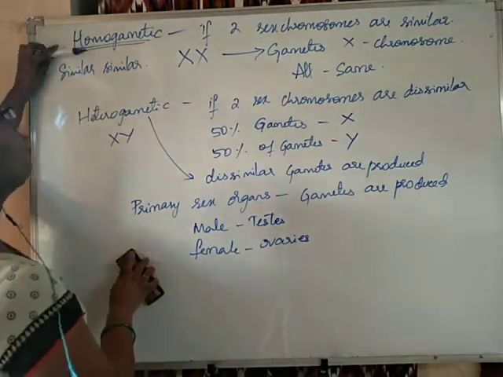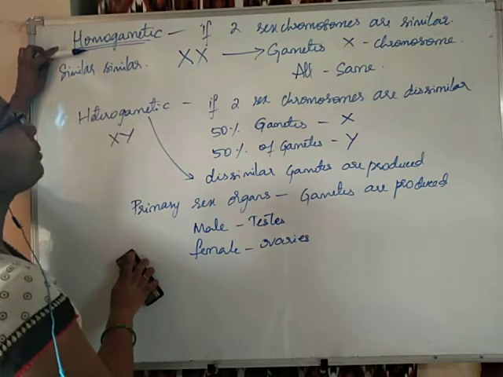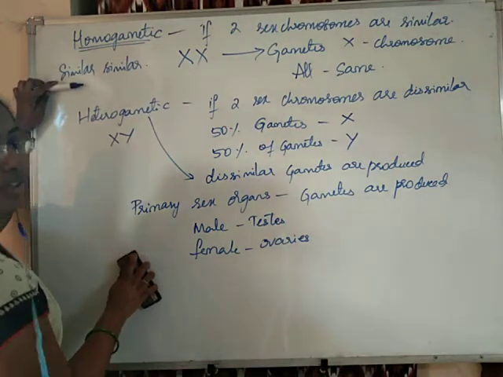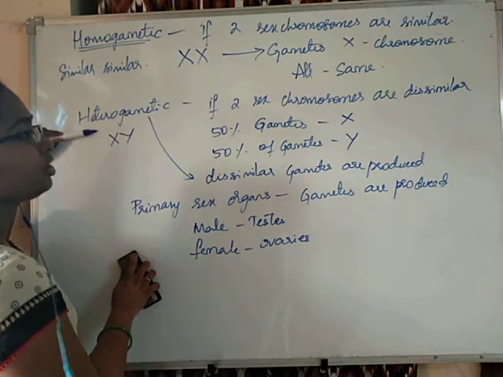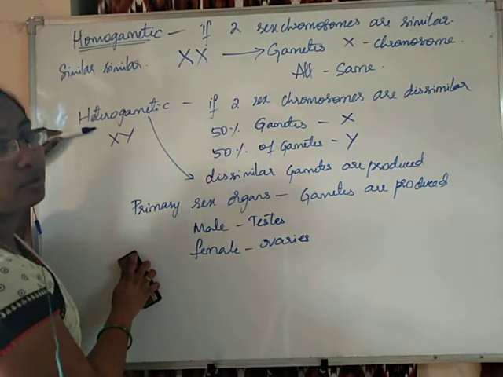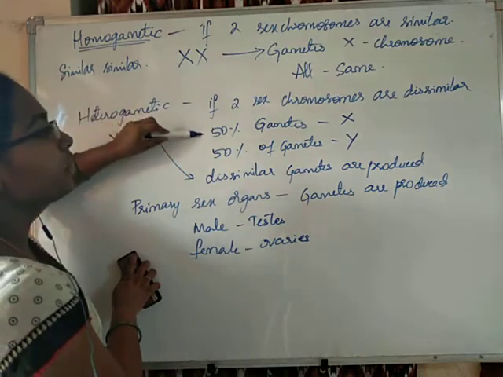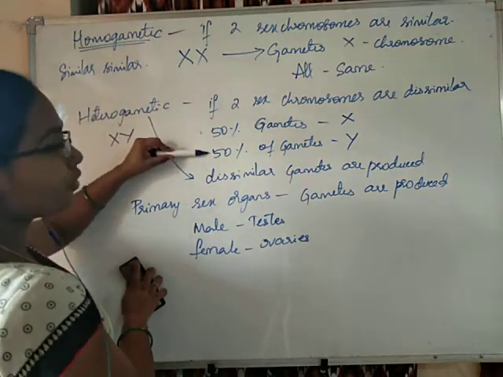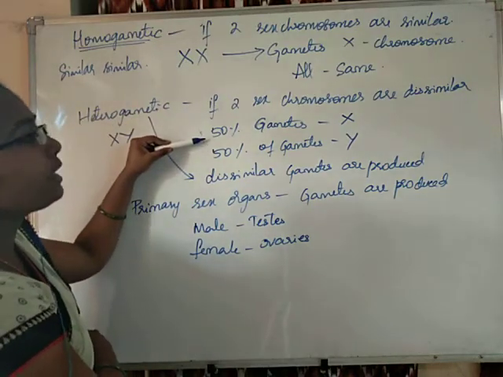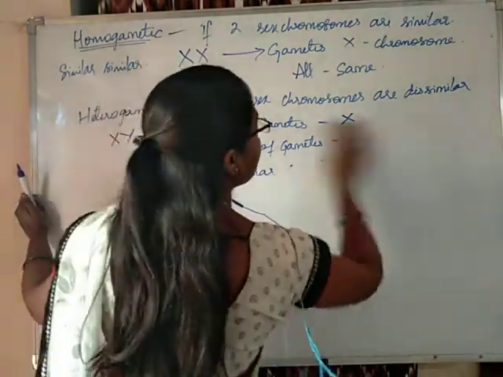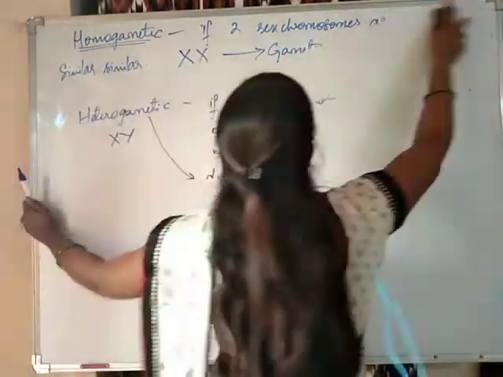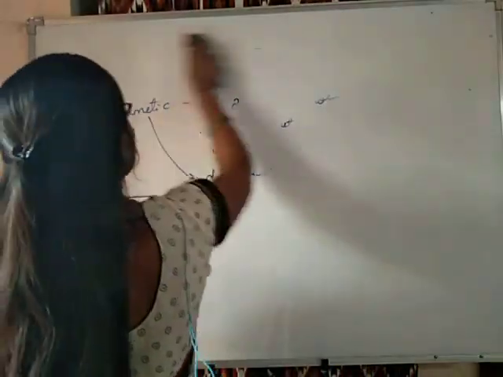Here we have learned that homogametic sex means they produce similar gametes. All of the gametes contain similar chromosomes. Heterogametic sex determination means dissimilar gametes are produced. Half of the gametes will contain one type of sex chromosome, half will contain the other type. Okay. So let us now learn the chromosomal basis of sex determination.